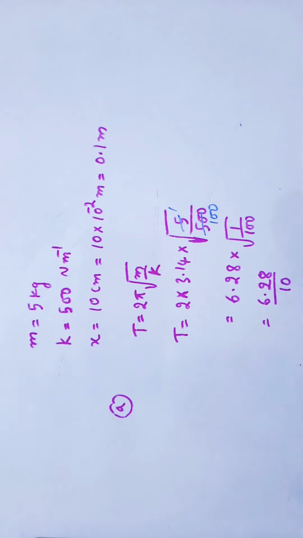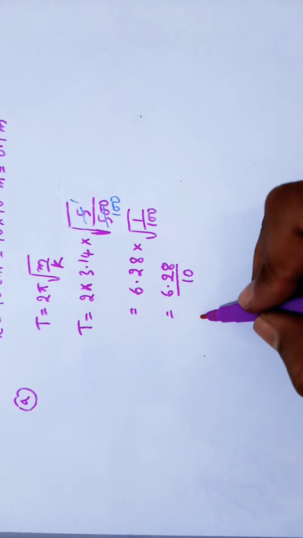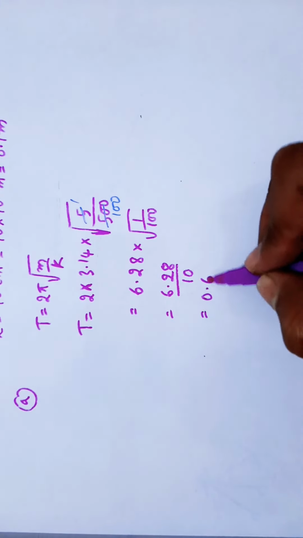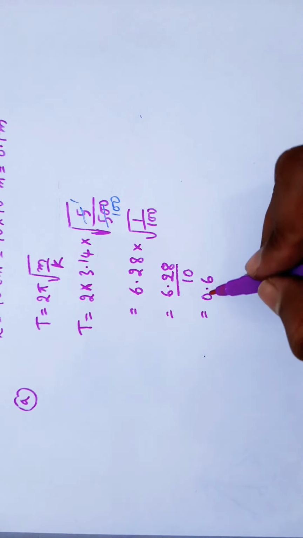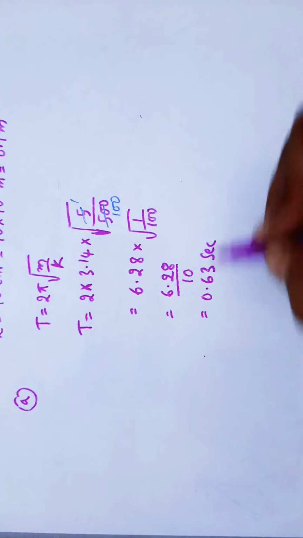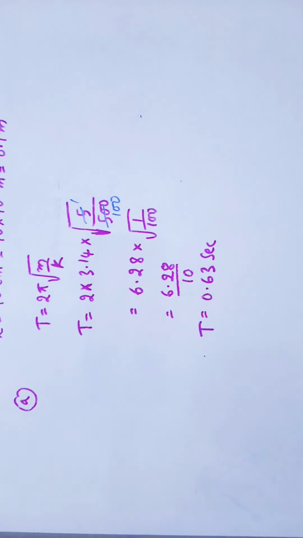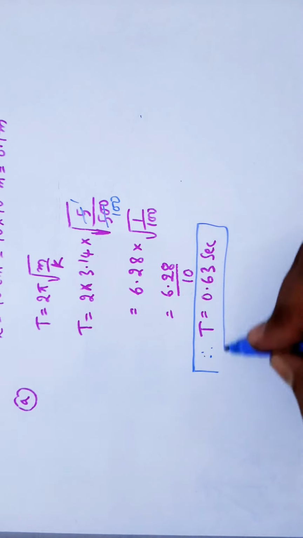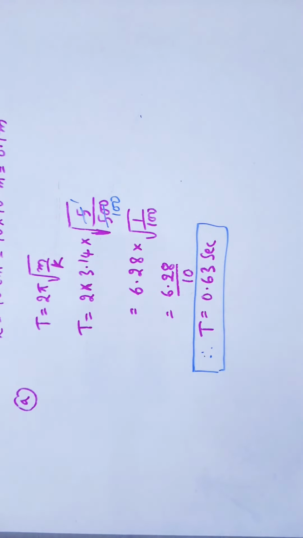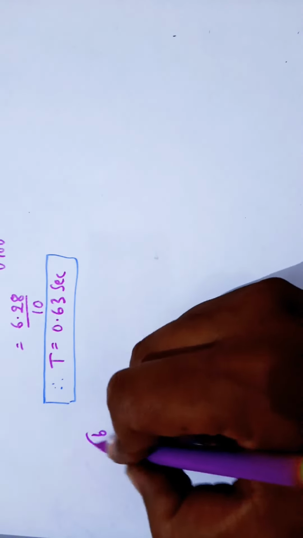So that is 0.628, and if we round off, that is 0.63 second. So T is equal to 0.63 second.